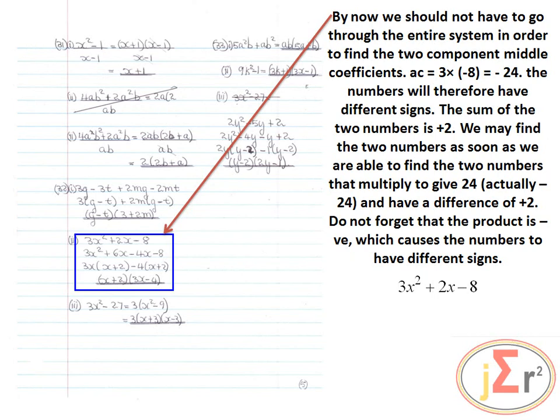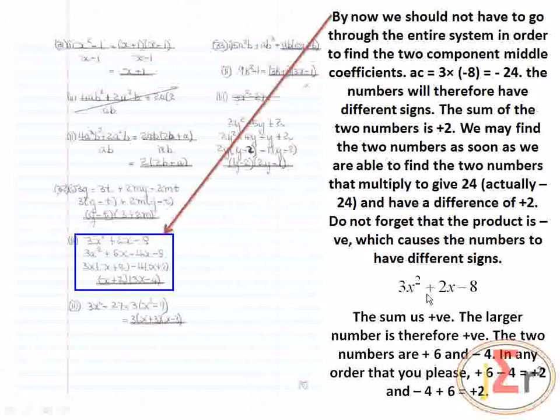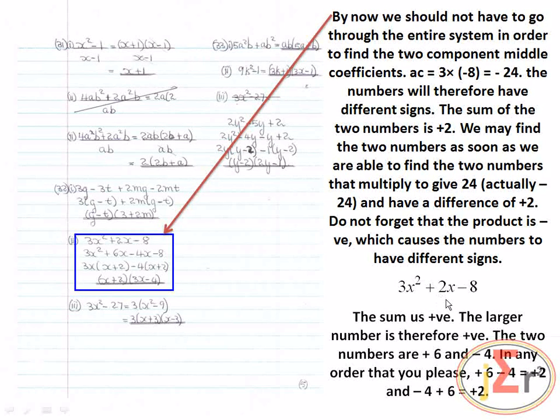Do not forget that the product is negative, which causes the numbers to have different signs. The sum is a positive 2, and the larger number is therefore positive. The 2 numbers are positive 6 and negative 4 in any order that you please.